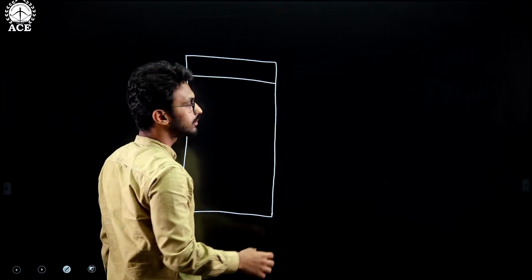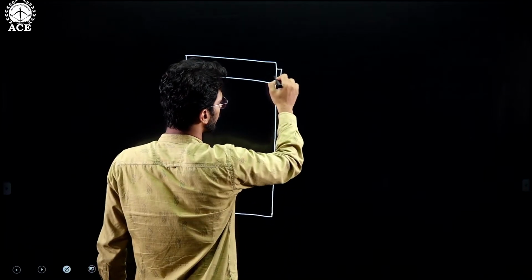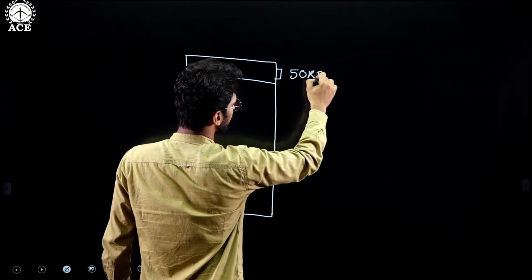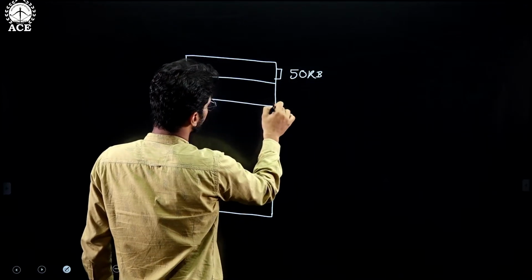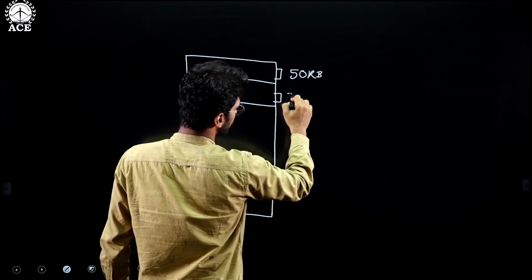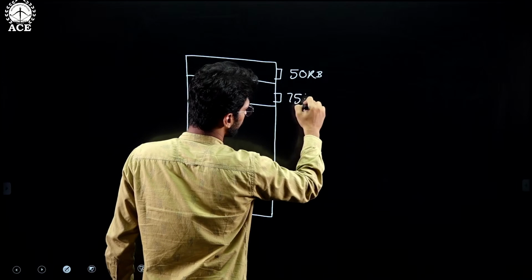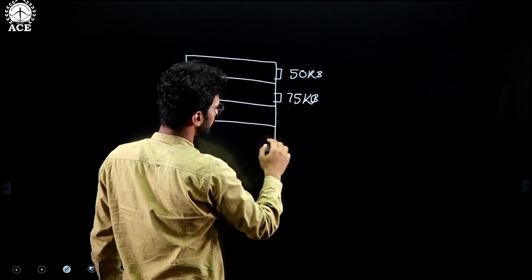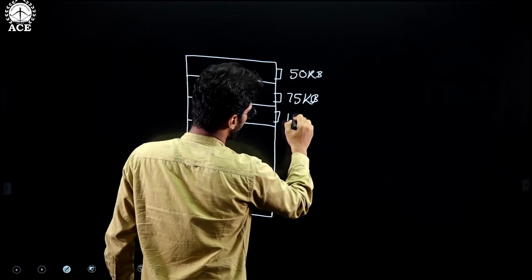Let's say there is a request by a process of size 50 KB. It is kept here. I'll just draw the fixed partitions. Let's say 75 KB. I'm randomly putting in some values. Let's see what happens. 100 KB.